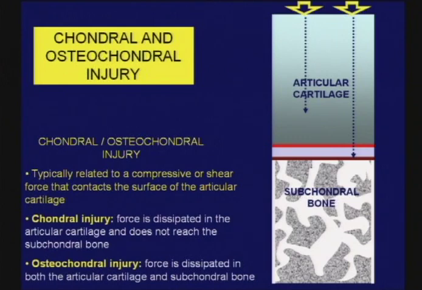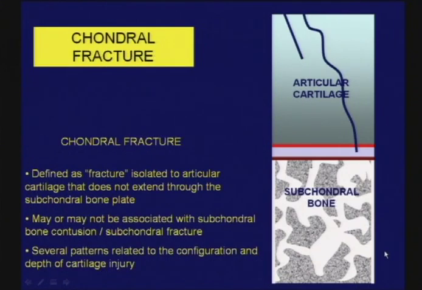The definition of an osteochondral injury is a force that's dissipated both in articular cartilage and in the subchondral bone. A chondral fracture is defined as a fracture line that is isolated to articular cartilage and does not extend through the subchondral bone plate.